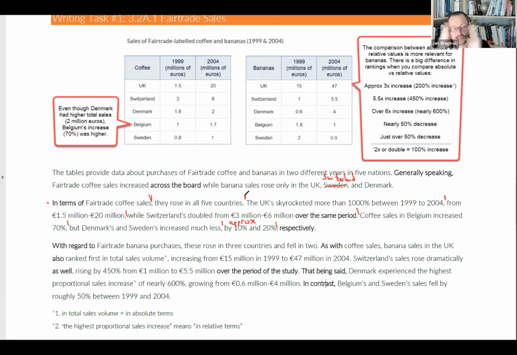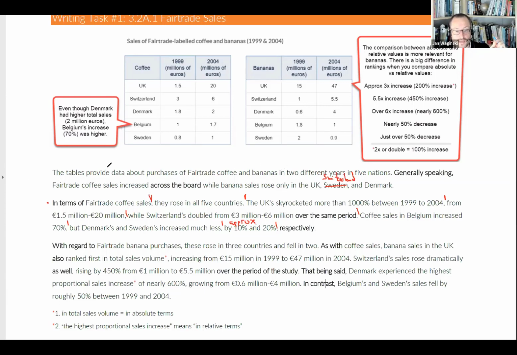Blends means you're saying long chunks without pausing, without chopping them up unnaturally. So I'm not saying the tables provide data about purchases of Fairtrade coffee and bananas.